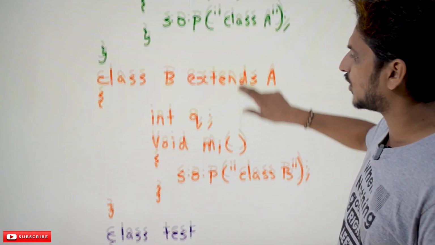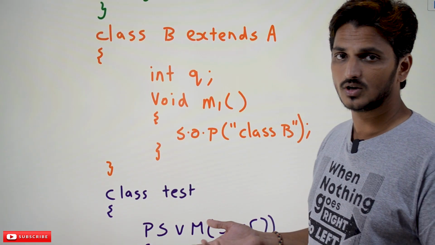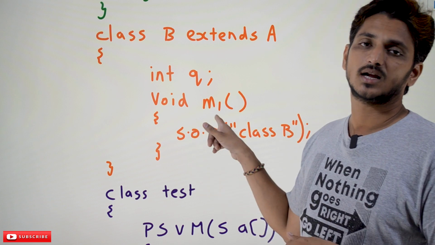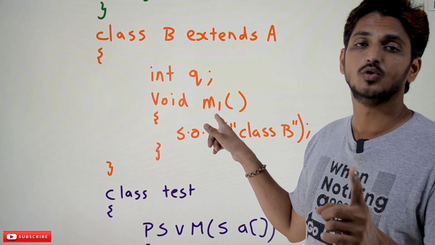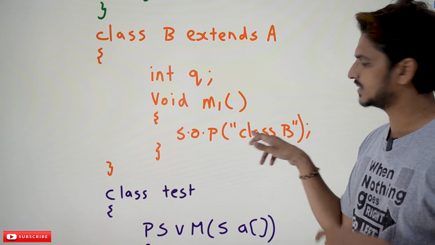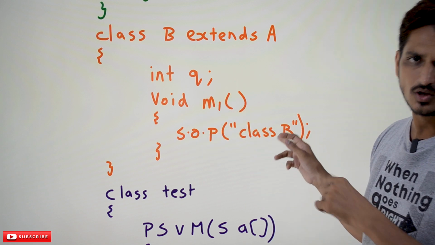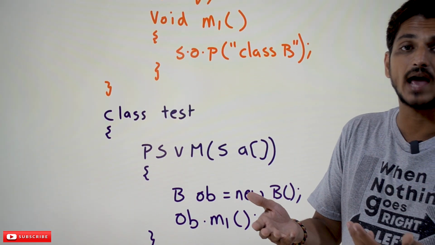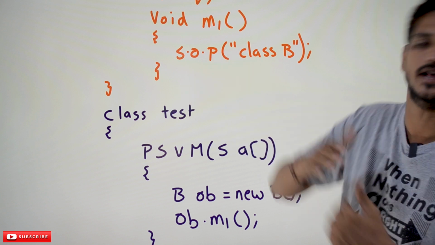From this execution point of view, what output are we going to get? ob.m1 means which method is going to be executed? The m1 present in class B is going to be executed. When it executes, System.out.println of class B, our output is class B. This is how execution goes if you have the concept of method overriding.